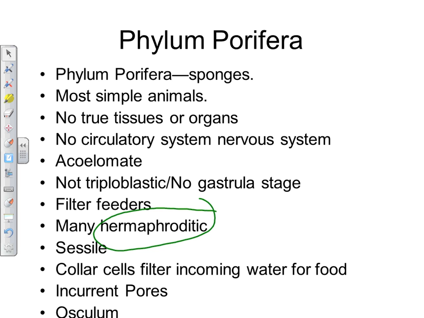And it's going to swim until it finds what? What's the sponge looking for when it's a larva? A nice big rock or something. And it finds that rock and it glues itself to it. And then it grows into what we think of as a sponge. So during the larval stage, it's pretty much the only time it can move. So let's look at how they eat.